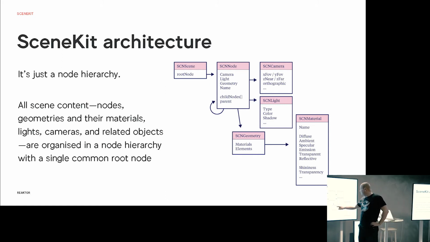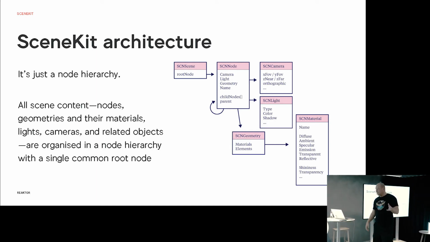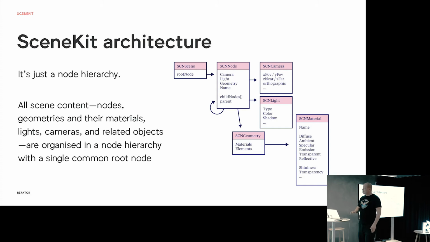There are multiple concrete SCN geometry classes, for example, boxes and floors and whatever you want. There's like 13 different ones, but if you have some 3D model files, you can create that stuff from there. If you want to try out some shining ball, you can start with that, but anything fancier, you need some modeling.